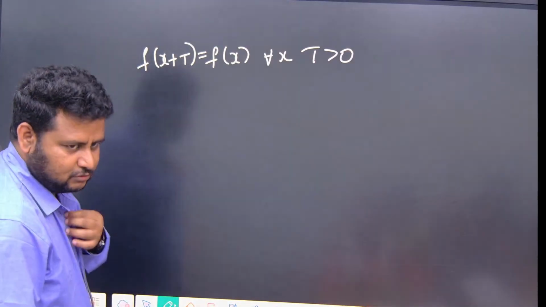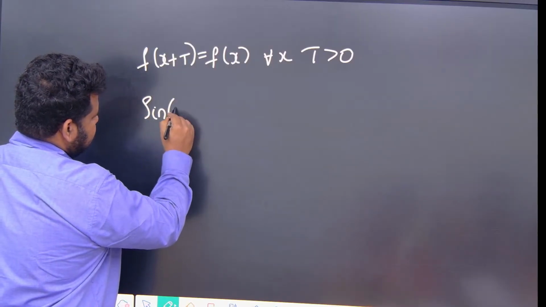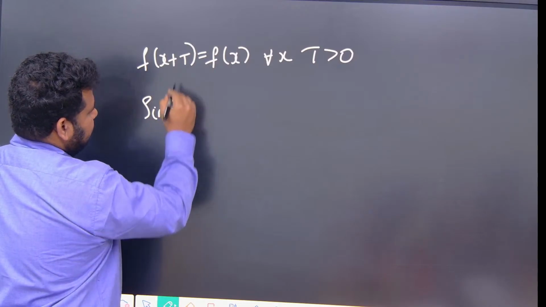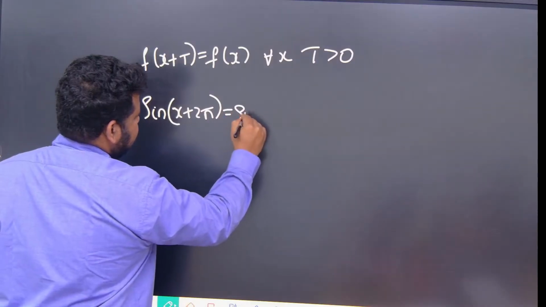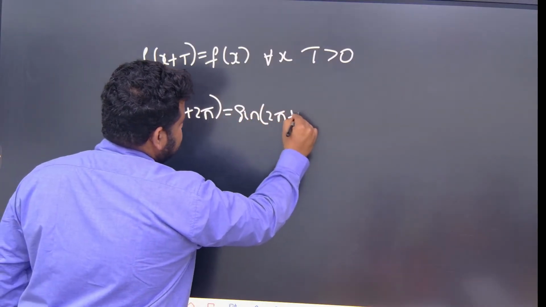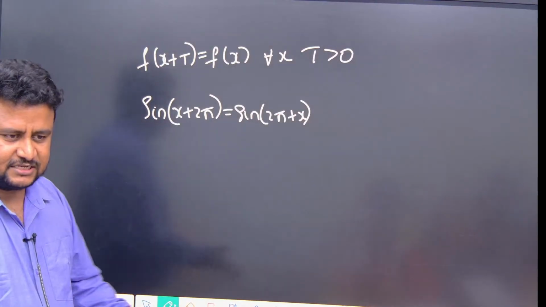Okay, what is this t? I will explain. Now see here, suppose I take sine of x plus 2 pi. I can write it as sine of 2 pi plus x, like sine of 360 plus theta, which is in the first quadrant, so it is sin x only.